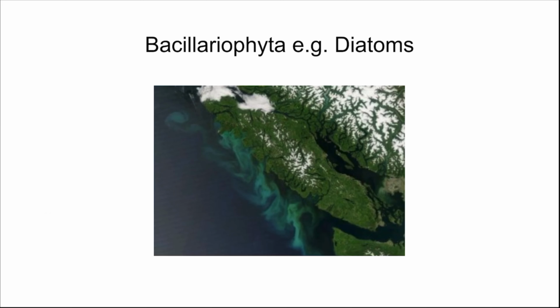Diatoms are photosynthetic organisms that occur in the ocean. You can see that the color of green is different than the plants. That's likely because the pigments that diatoms use are slightly different than the pigments that are used by plants. These pigments are optimized for gathering light energy underneath the ocean, where light is slightly filtered by the water.